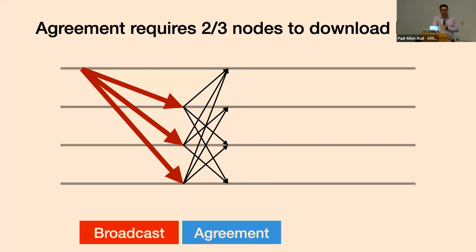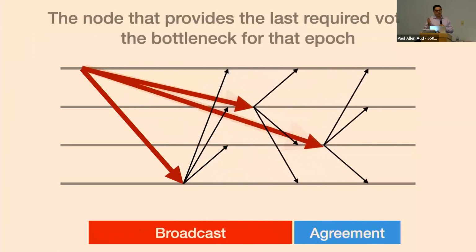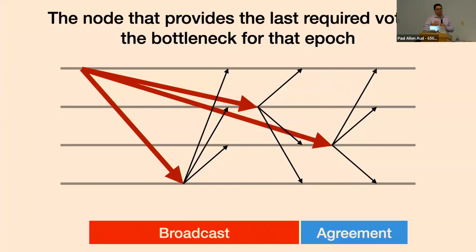Now, the issue here is that agreement requires 2/3 of the nodes to vote, and therefore 2/3 of the nodes to have actually downloaded the block before they can vote. And in networks with a lot of variability, this creates stragglers. If I have a bunch of slow nodes, they're going to take a long time to download the block.